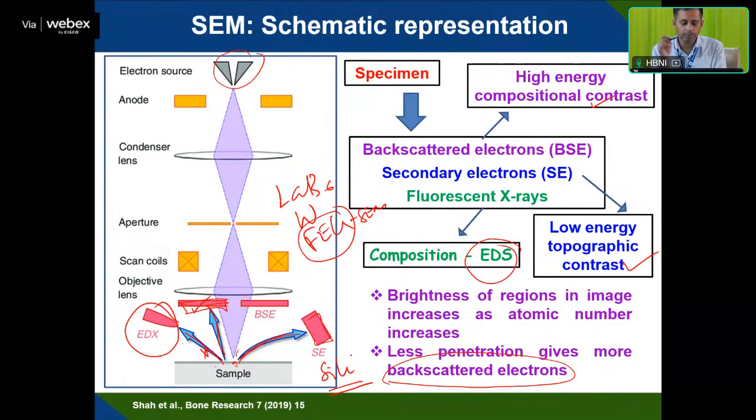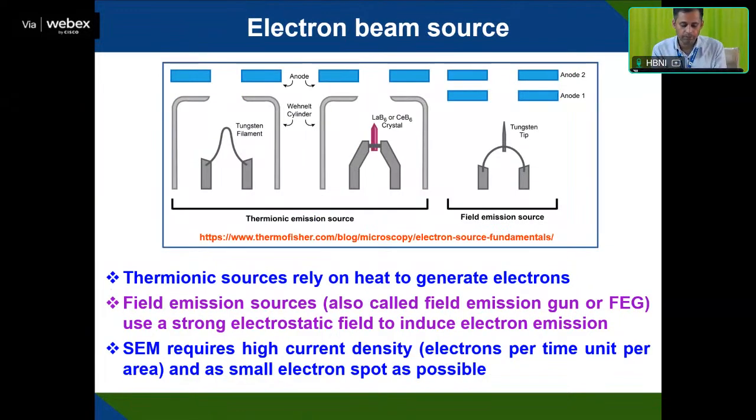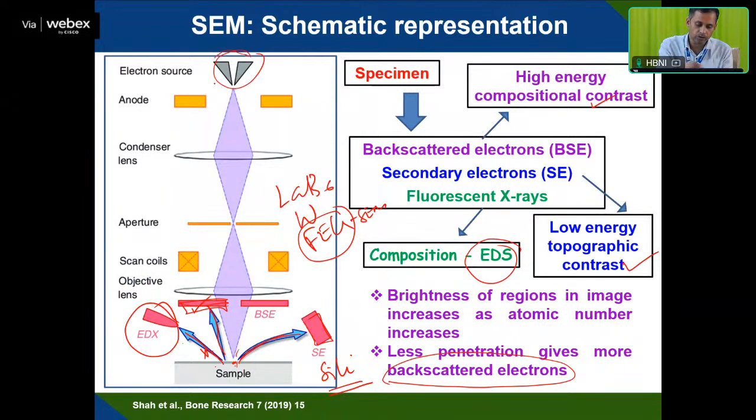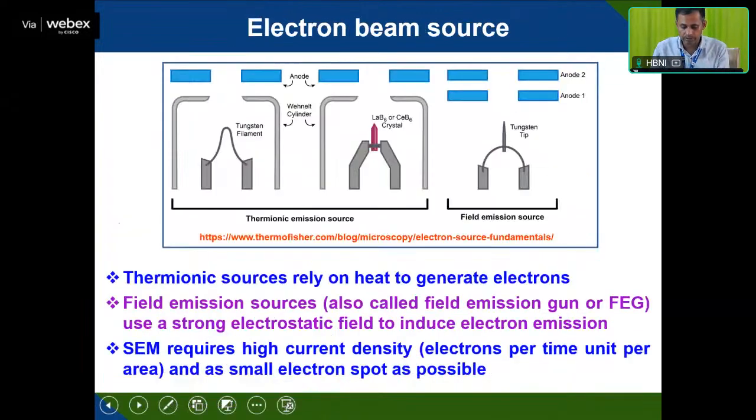So if you see the electron beam source, you can see different types. The electron source is kept at high potential, and thermionic emission takes place here by electric current.